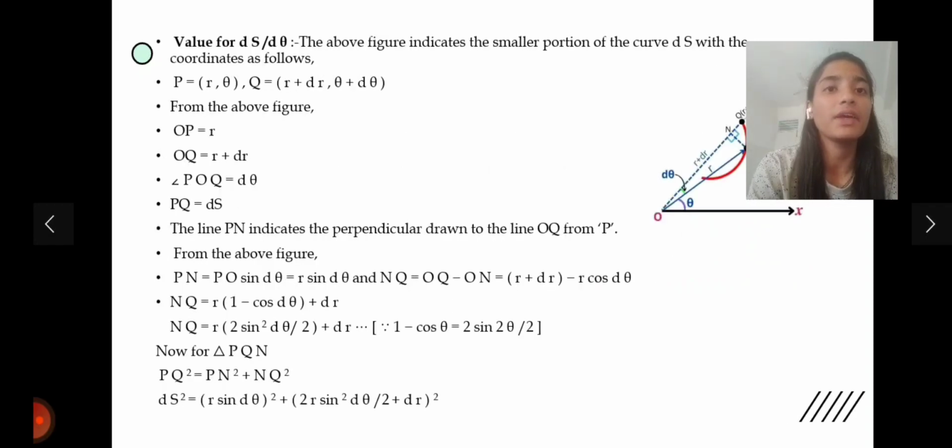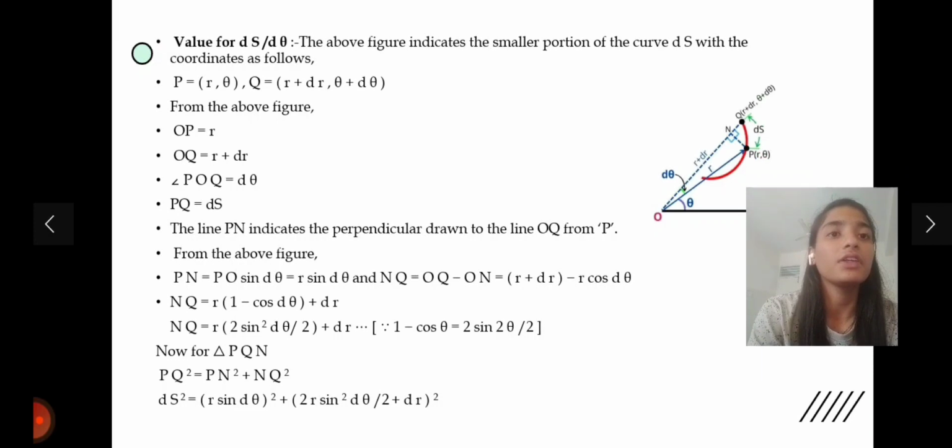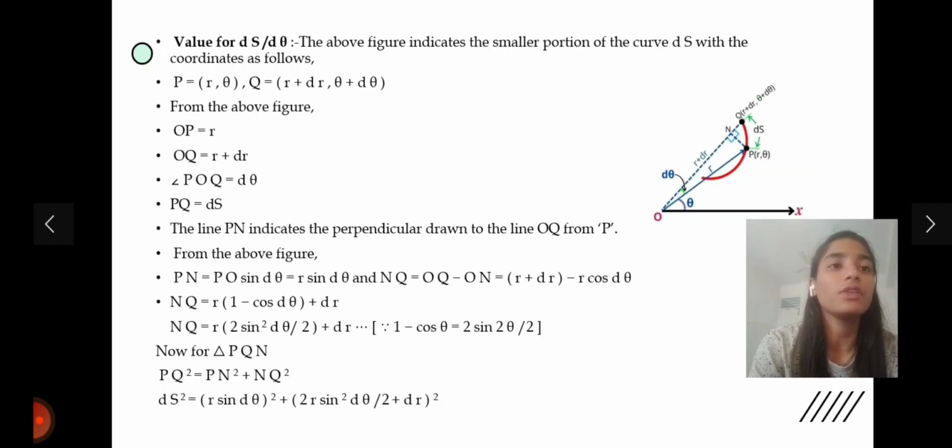Value of ds by d theta. The above figure indicates a smaller portion of the curve ds with the coordinates as follows: P is equal to r comma theta and Q is equal to r plus dr comma theta plus d theta. From the above figure, OP is equal to r, OQ is equal to r plus dr, angle POQ is equal to d theta, PQ is equal to ds.